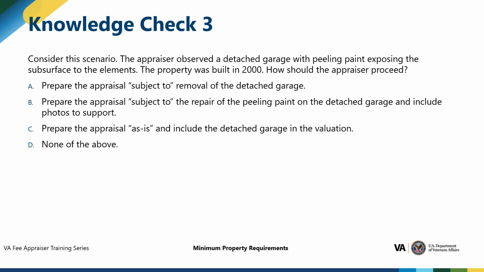B. Prepare the appraisal subject to the repair of the peeling paint on the detached garage and include photos to support. C. Prepare the appraisal as is and include the detached garage in the valuation. D. None of the above.